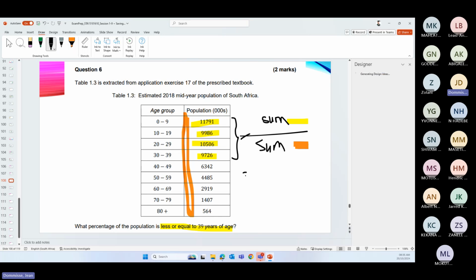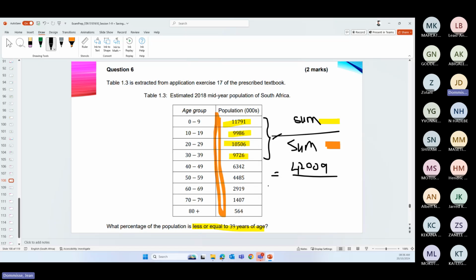The sum of the first 4 is 11,791 plus 9,986 plus 10,506 plus 9,726. On this one, I would not even go to Excel. I would do this on my calculator, because unless you type very quickly in Excel, this is simpler to calculate, and then from this point I will just continue.